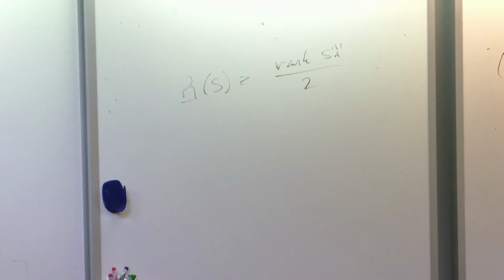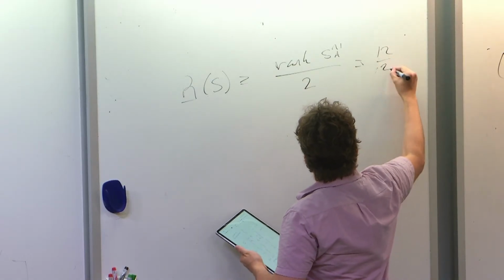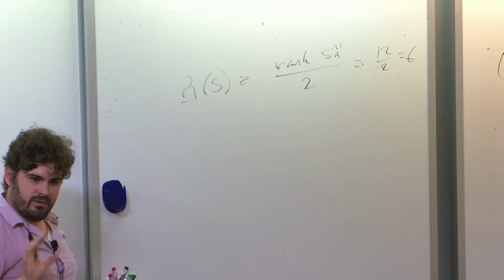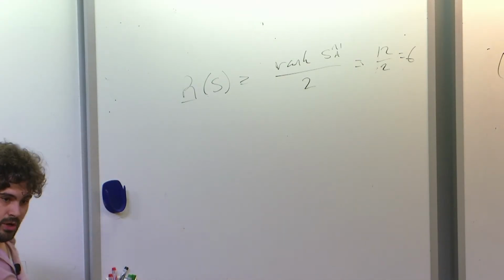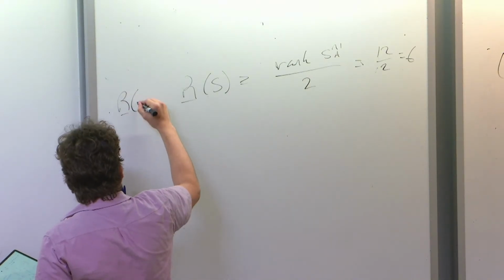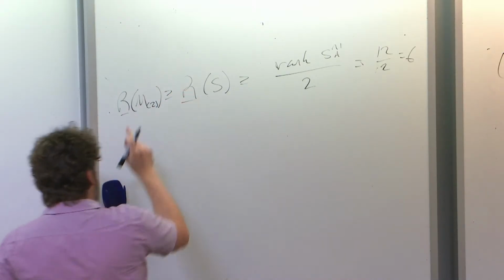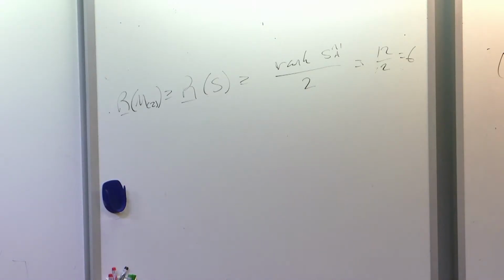Remember, we get this minus 1, so 3 minus 1 is 2, which is 12 divided by 2, 6. Okay, so we've improved our lower bound from 4 to 6. We have not met Strassen's algorithm yet, but we do have some more information now about the border rank of 2 by 2 matrix multiplication.